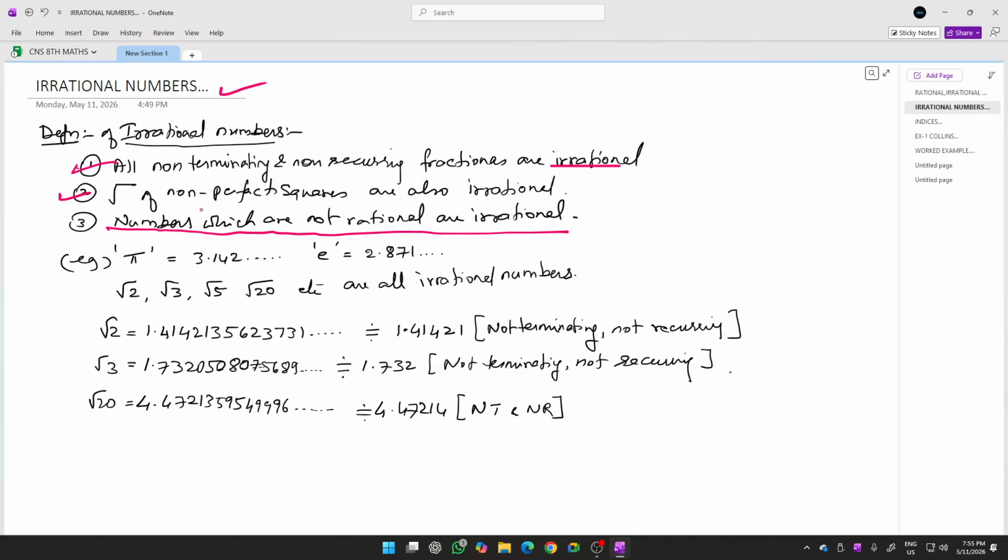Now another definition of irrational number, or another approach, is this square root sign. In general, this is known as a radical sign. This is also a radical sign.